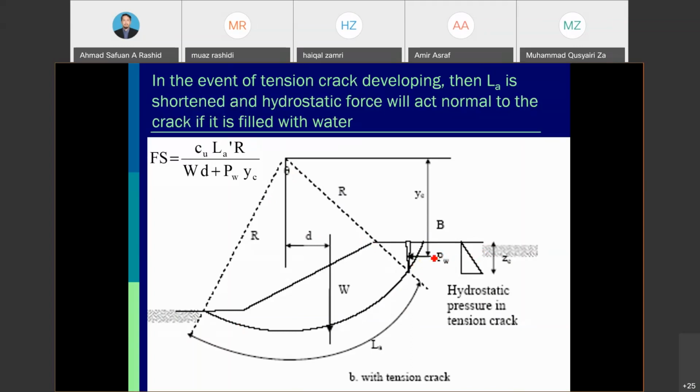To get the moment arm, because the direction is opposite from the normal driving force, which is the W, we need to get the moment arm from this direction. Dia akan pergi macam ni, dan ini akan pergi.